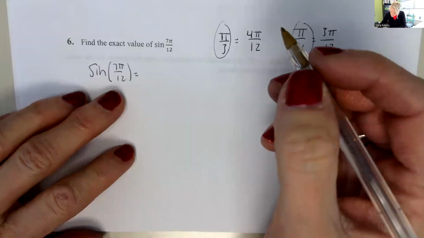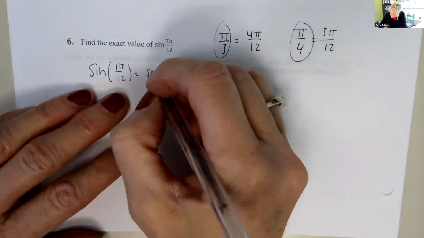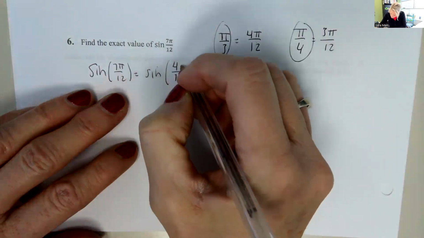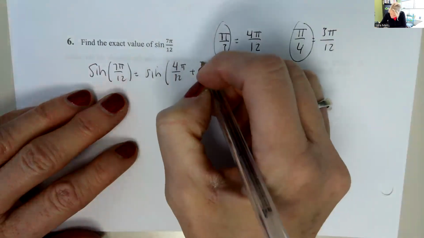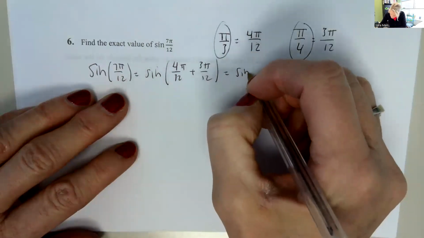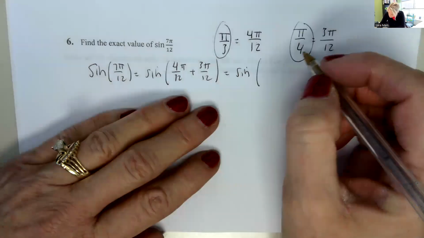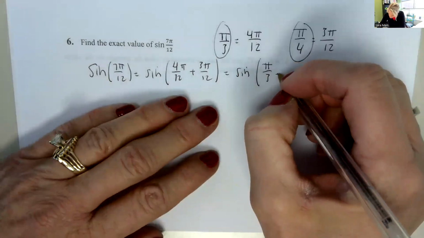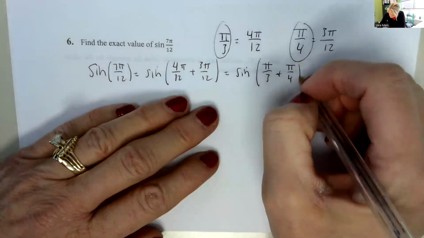So I can use the addition. The sine of 7 pi over 12 is the same as sine of 4 pi over 12 plus 3 pi over 12, which is the same as pi over 3 plus pi over 4.